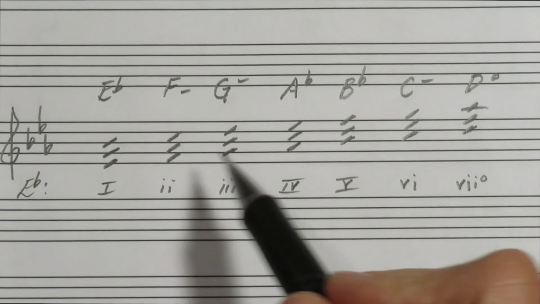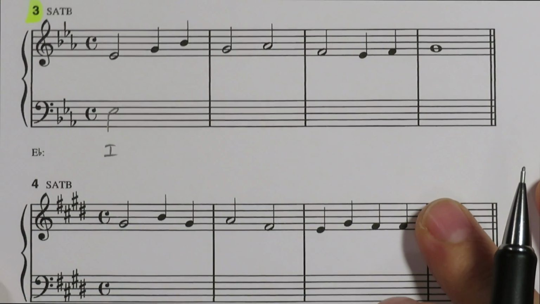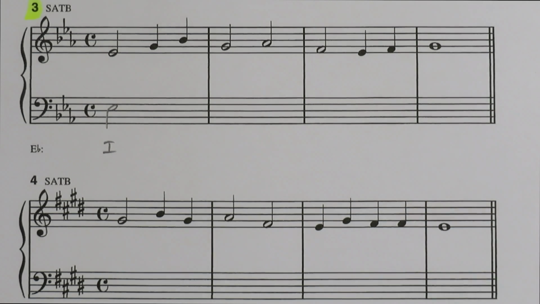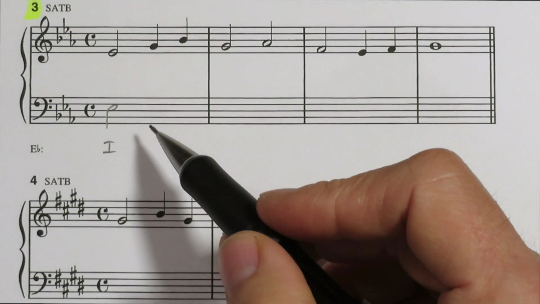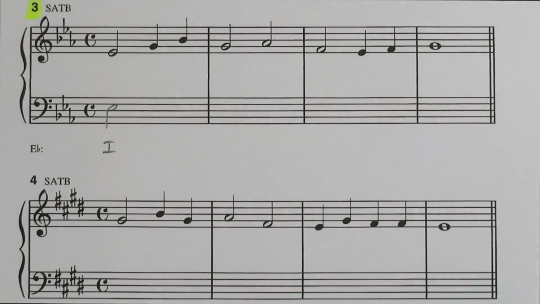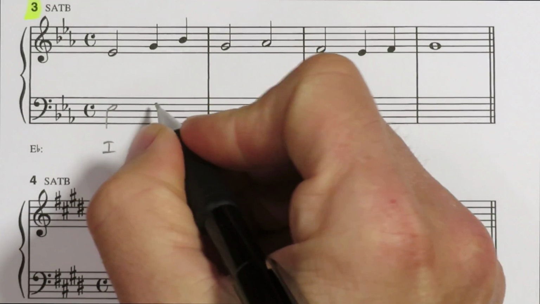So we can choose the 1, the 3, or the 6. Okay. Now, the 1 chord can go to any of those chords. But right now I think we'll just stay on the 1 chord.